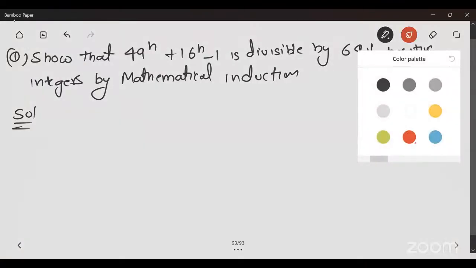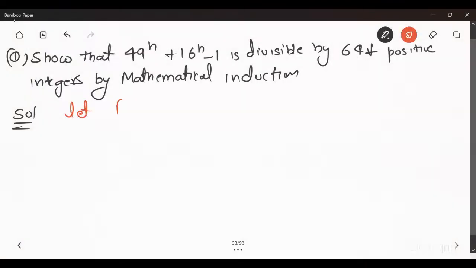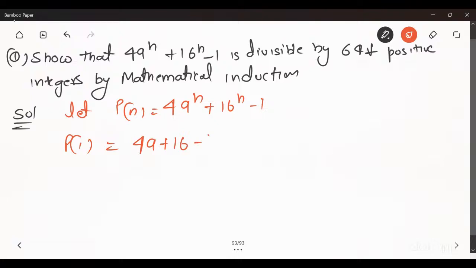Let Pn be the statement. Let Pn equal to 49 to the power n plus 16 to the power n minus 1. Now take P1, means put n equal to 1. So you will get 49 plus 16 minus 1, which is equal to 65 minus 1, equal to 64.